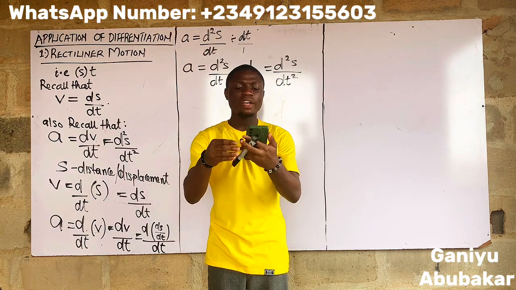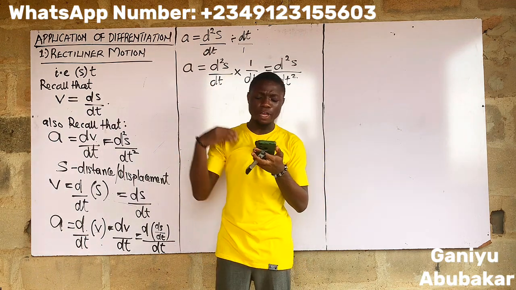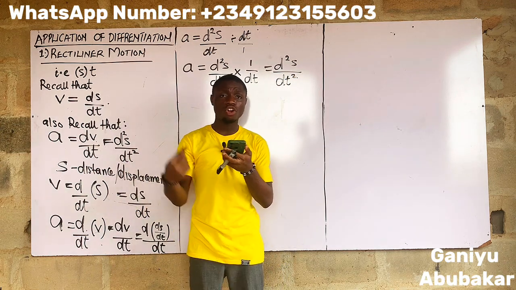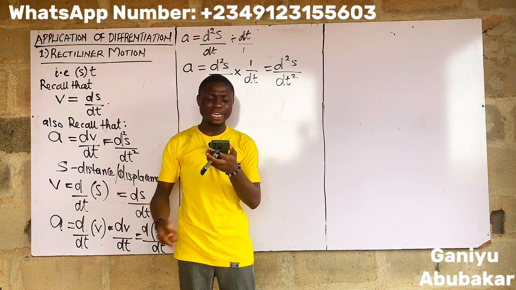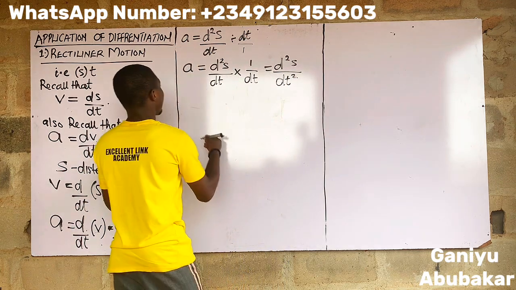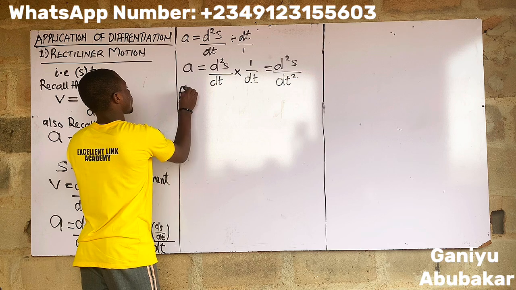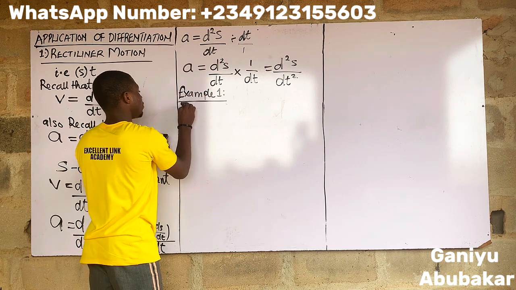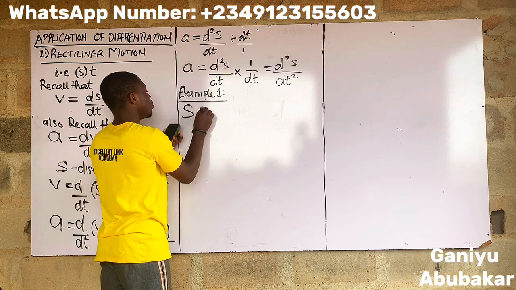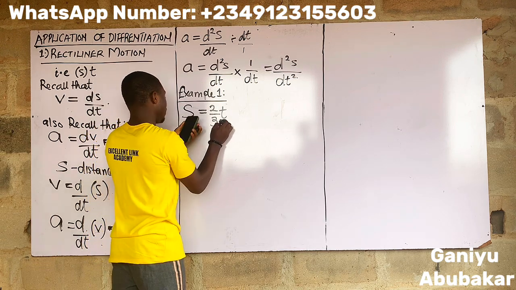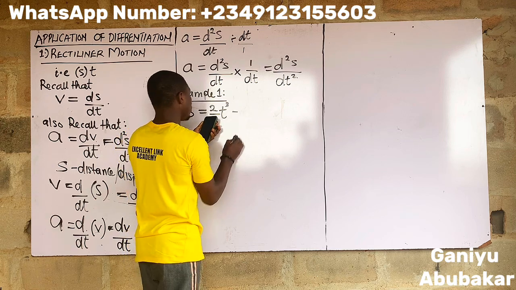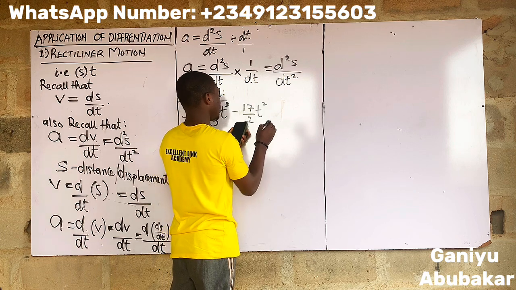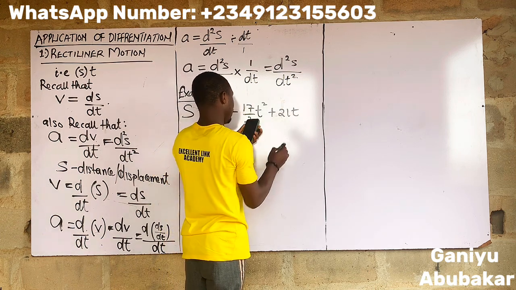Welcome back. Example 1 says the motion of a particle from O, open bracket, origin, close bracket, is described by the equation x is equal to 2 over 3 t cubed minus 17 over 2 t squared plus 21t.